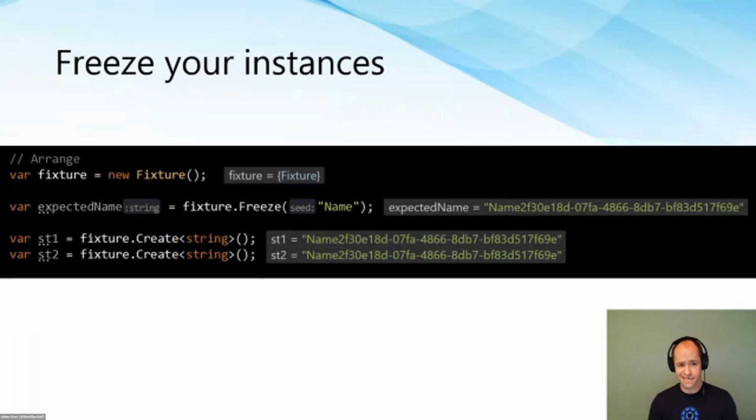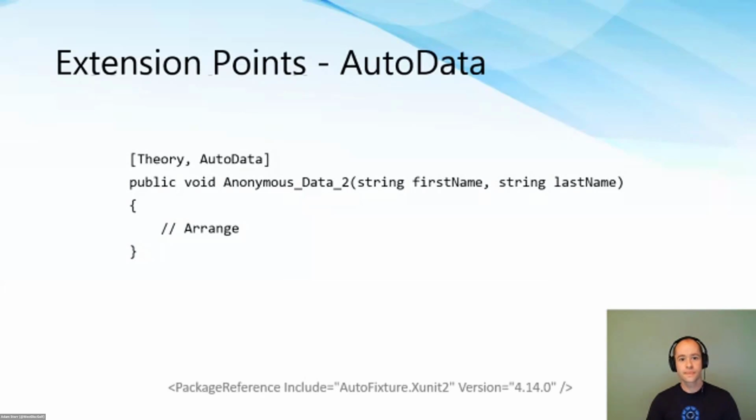Now, sometimes that's not particularly useful if you're just wanting string values, but it becomes a lot more powerful when you're building up system under test dependencies that get injected into it, and things like that. And I'll show you an example in a second. So those are the basic fundamental building blocks of how you work with it.